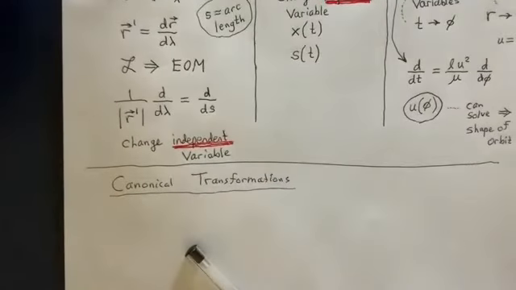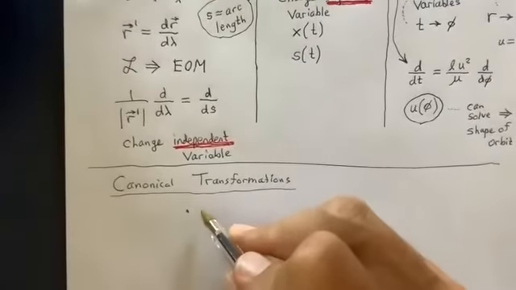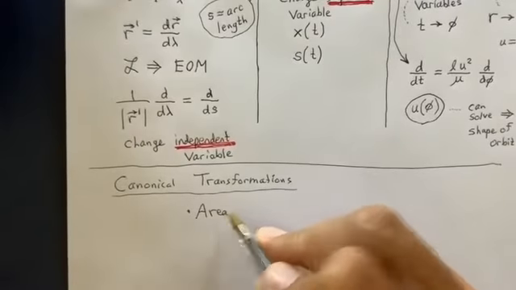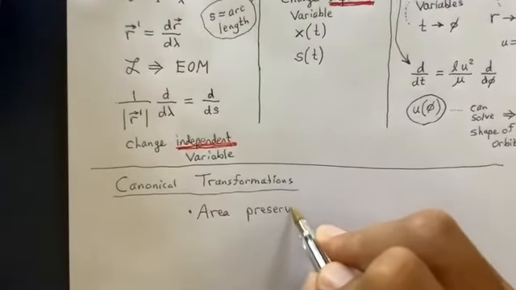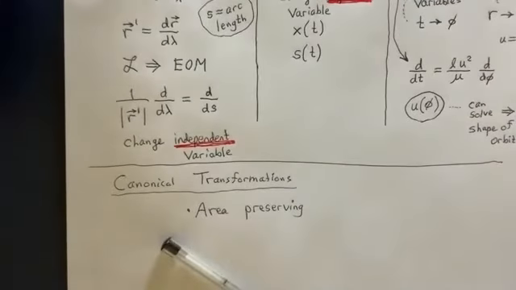We'd like to appreciate what's going on here, and quite generally, these are area preserving. So this is our first bullet. We're going to have a list of items here. They are area preserving. It is meaningful to talk about area in phase space, okay?